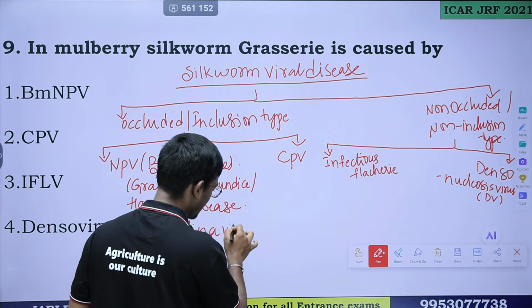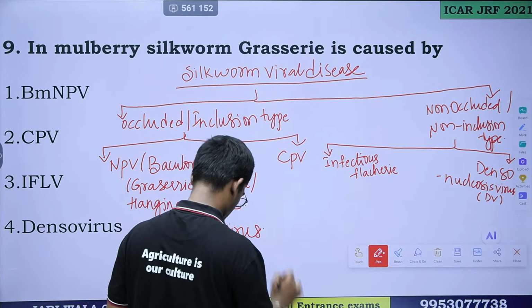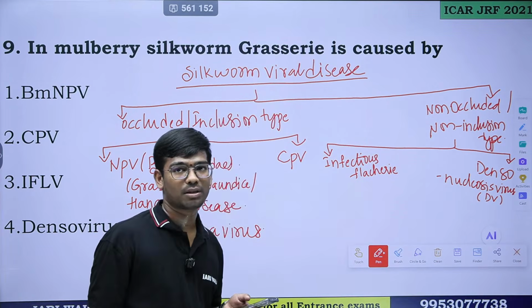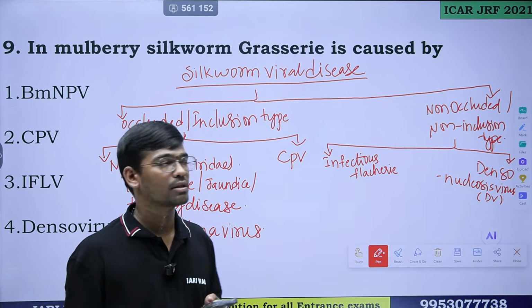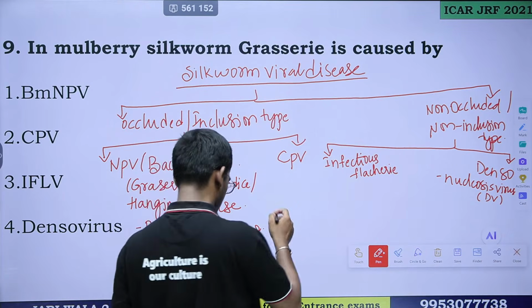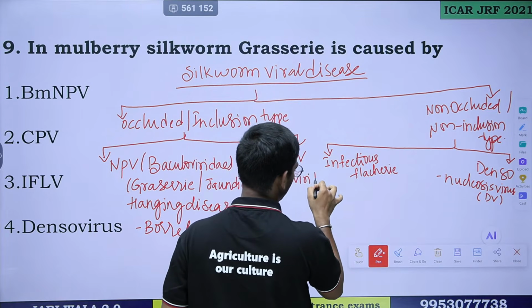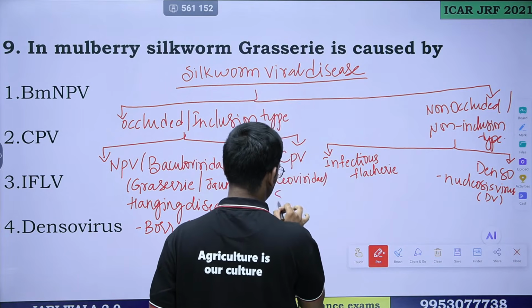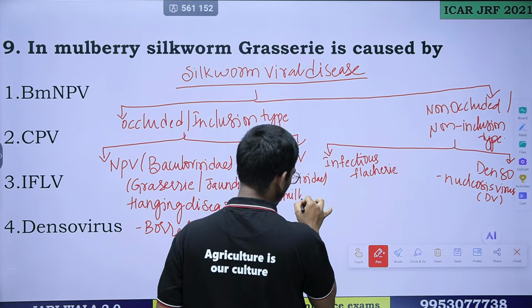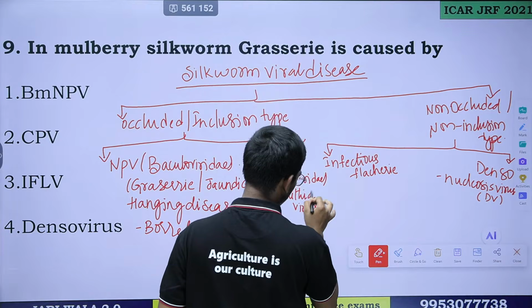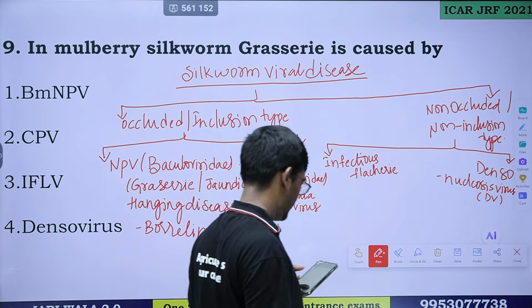Borrelina virus. Then CPV, that is cytoplasmic polyhedrosis virus, belongs to the family Reoviridae, and is caused by Smithia virus. Okay, Smithia virus.